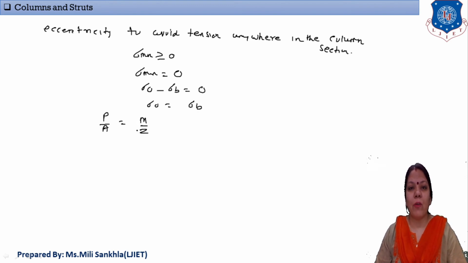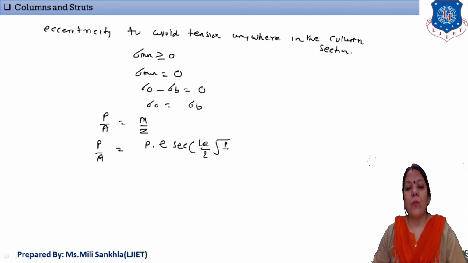Now one by one we put in the equation, P by A. M is equal to PE sec LE by 2 under root of P by EI, and divide by Z. Clear?